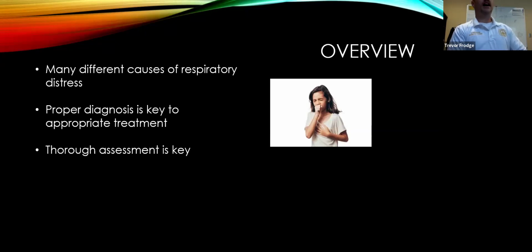So we go down that pathway of what causes that. Is it anaphylaxis? Is it asthma? Is it COPD? Because those have very specific treatments above and beyond high flow oxygen. Do they need an EpiPen? Do they need a breathing treatment? So not every patient receives the same exact things. A thorough assessment is the absolute key to coming up with our treatment plans to help our patients in the long run.